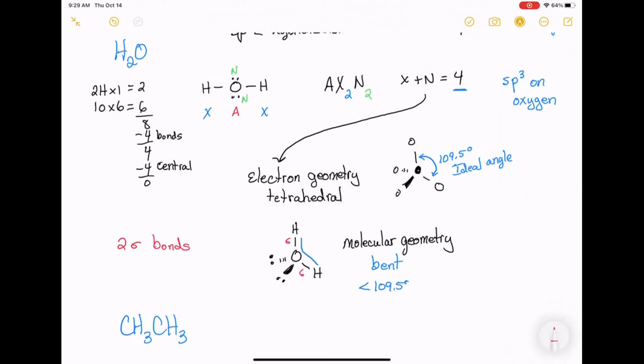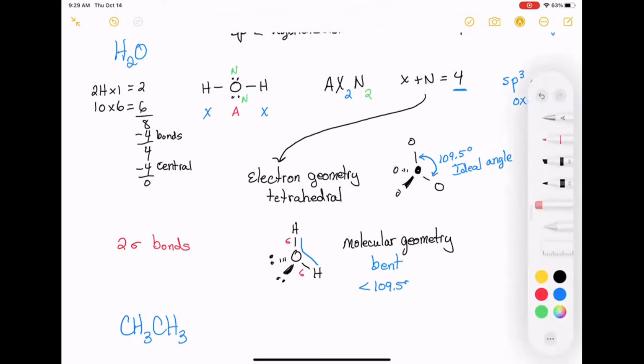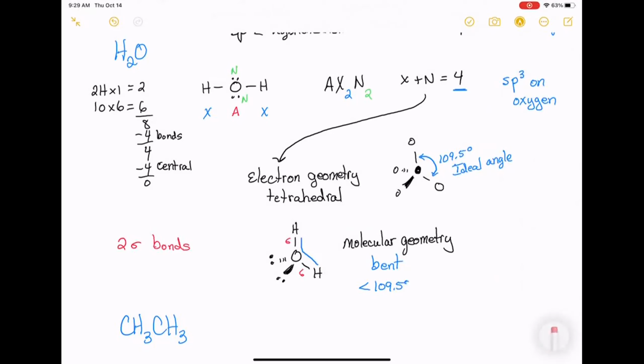Now the last piece is we want to determine if this molecule is polar or nonpolar. To do so, you assign the electronegativities to each of the atoms. Hydrogen has an electronegativity of 2.1. Oxygen has an electronegativity of 3.5.